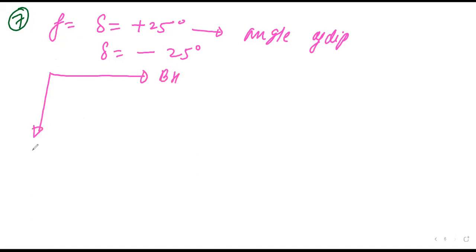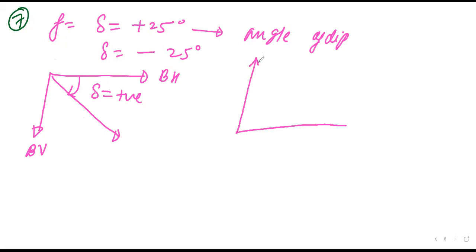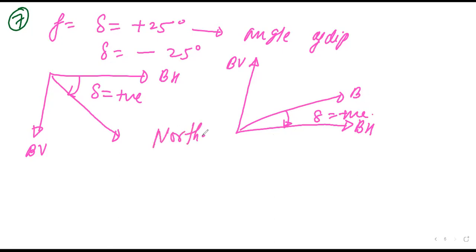When the angle of dip is positive, this will be the graph, with this as the vertical magnetic field and this as the horizontal magnetic field. So it is positive here, for the northern hemisphere.